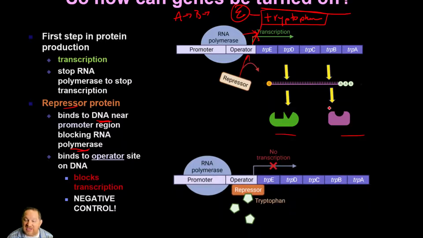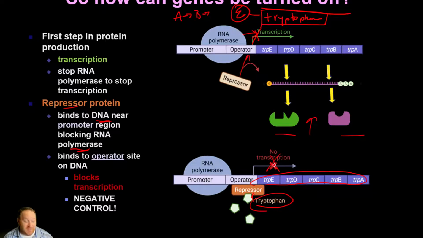Well, in this case, tryptophan itself is the signal. In other words, why would a bacteria need to transcribe all these genes into all these enzymes to make tryptophan if the bacteria already has enough tryptophan? We don't need to make more tryptophan if we've got enough. So tryptophan actually acts as a co-repressor, binds to the operator, so we stop transcription.